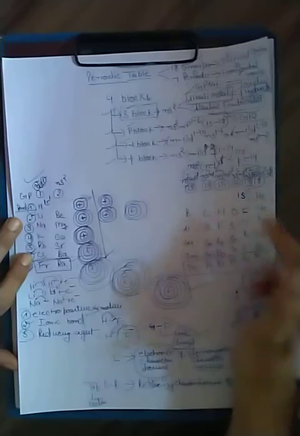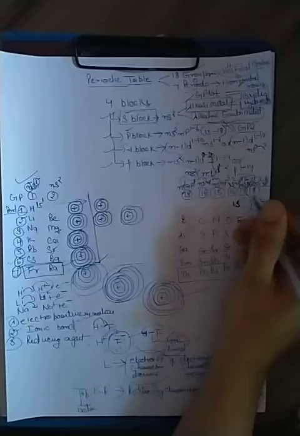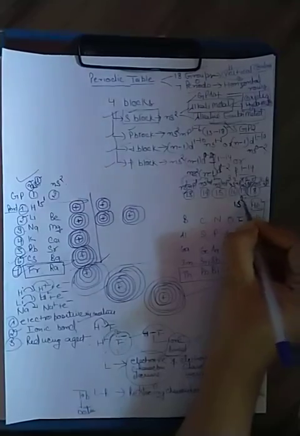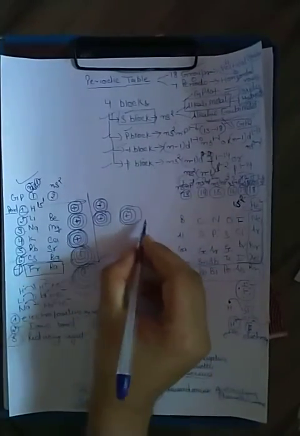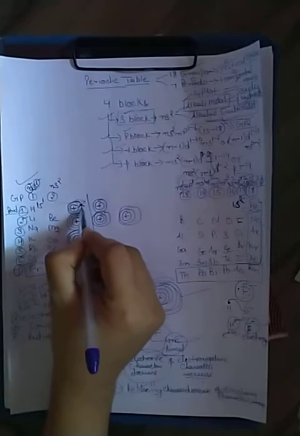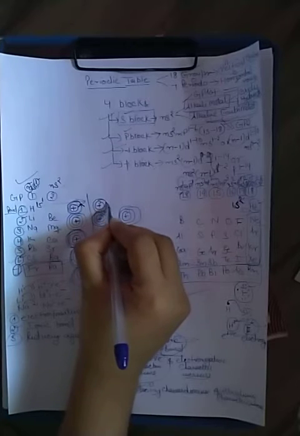This is an exceptional case: helium has a fully filled electronic configuration, so it is a noble gas, but the last electron enters the s orbital, 1s with 2 electrons filled. So hydrogen has 1 electron in the first shell and helium has 2.